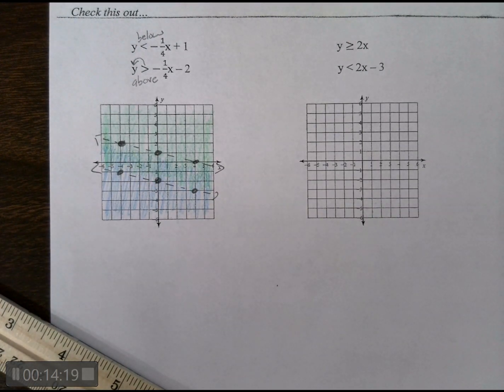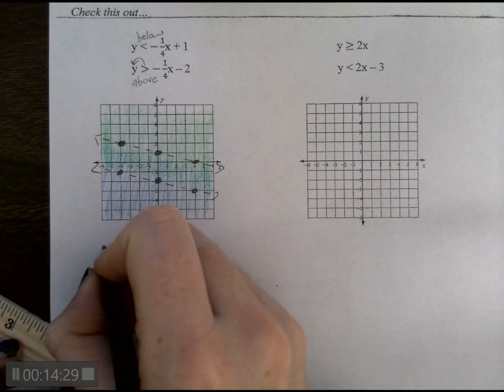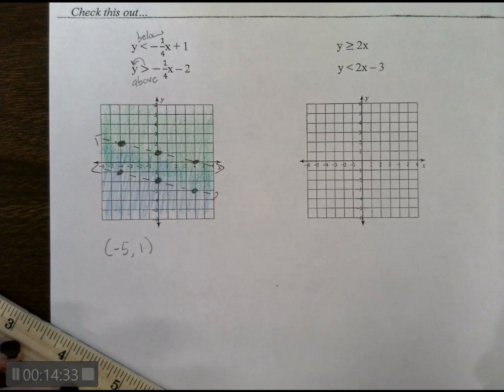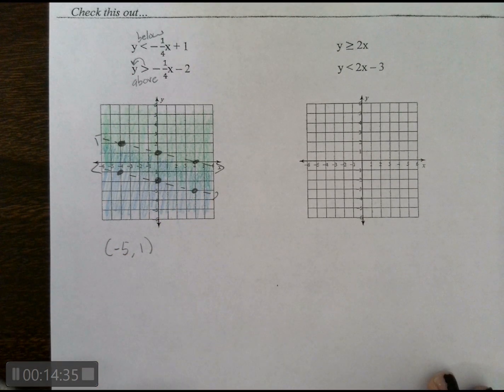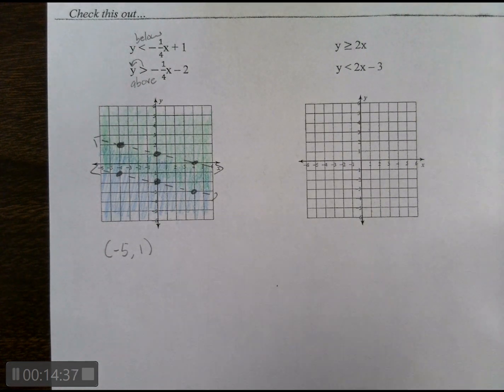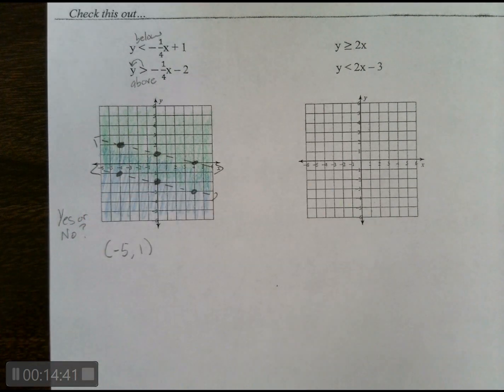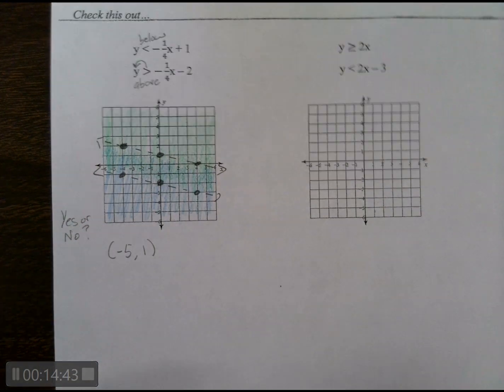Okay? So if I asked you guys to give me 3 points that were in the solution set, what might some of those points be? Would -5, +1 be one? And you guys are writing yes or no, because I'm going to come around and check.